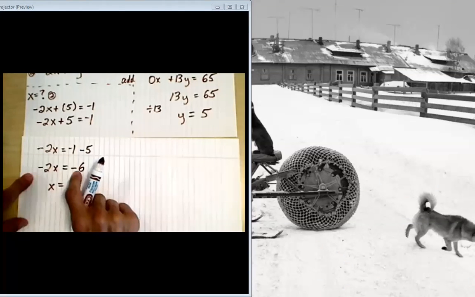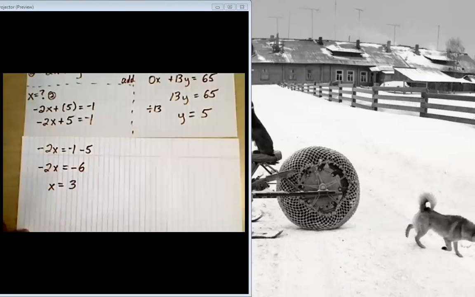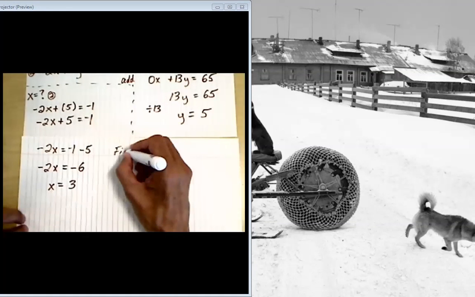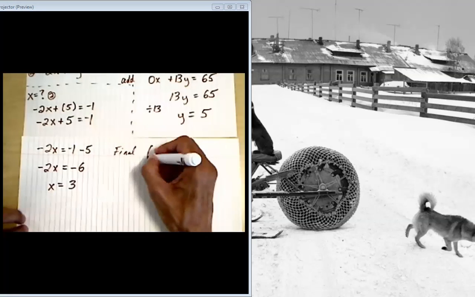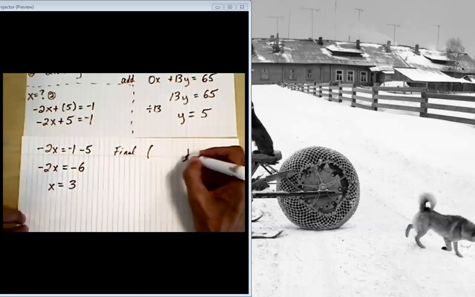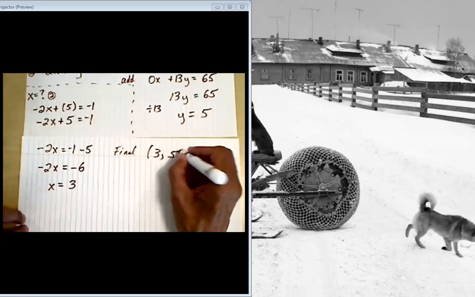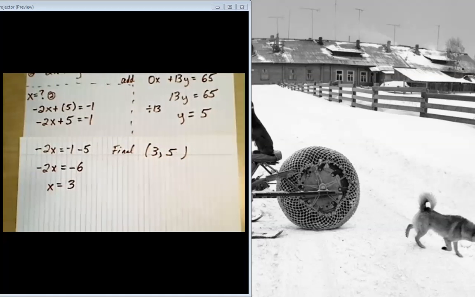So the final answer is 3 and 5. 3 goes first for x, and then 5 second for y. Nicely done. That was example number 2.